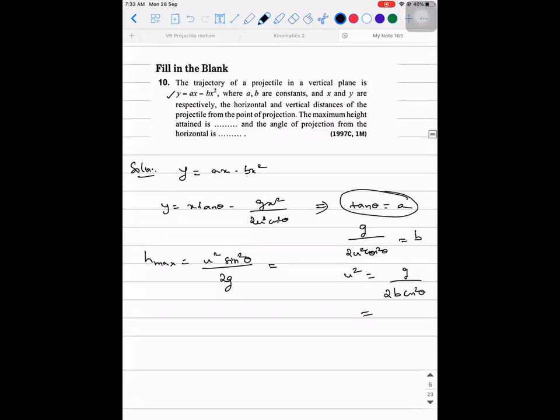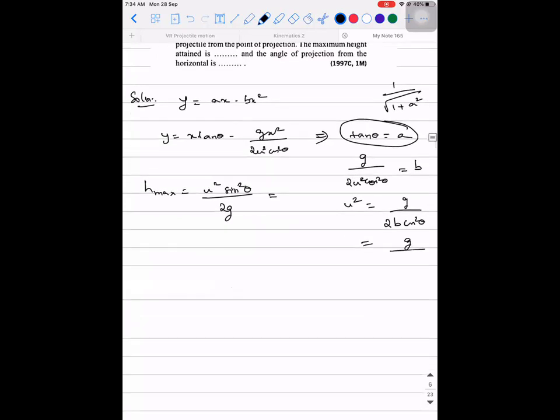Then what is cos theta? 1 by root of a square plus 1. Correct. 1 by root of 1 plus a square. So g divided by 2b into cos square theta is 1 plus a square into g divided by 2b, that is u square. So substitute it here. You know the formula for sine square theta. Just substitute it there, then you will get the required answer.